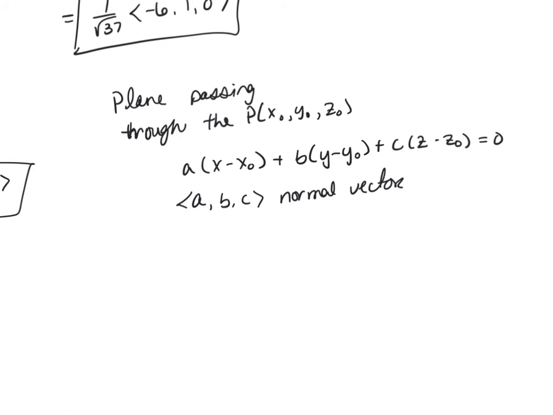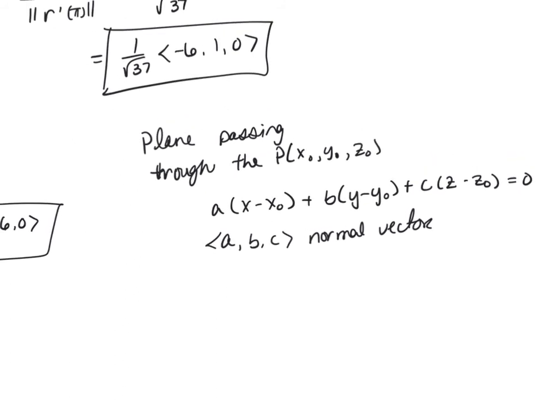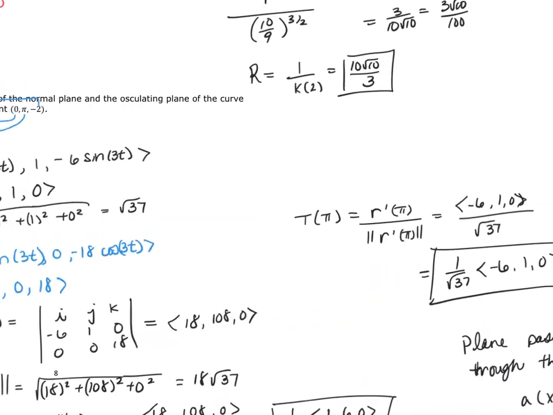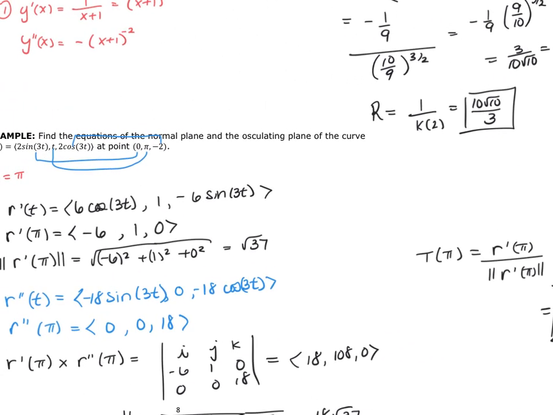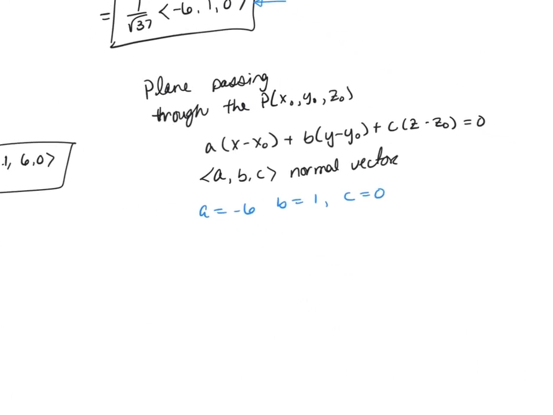So my normal vector is going to be this one. I have my A equal to -6, my B equal to 1, and my C equal to 0. And if you remember the point that we started out with, the point 0, pi, and -2. So this is the point 0, pi, and -2.